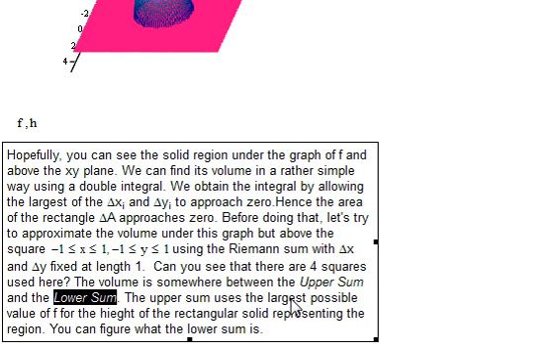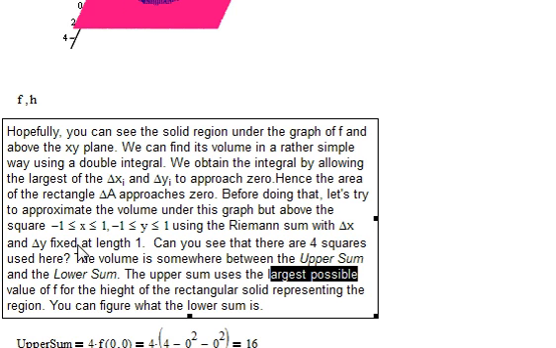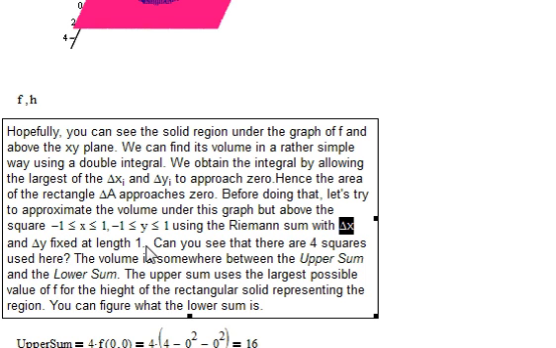The upper sum uses the largest possible value for the height of f, and the lower sum uses the smallest possible value. Of course, the area of each of those rectangles is 1, because delta x and delta y are fixed at length 1.